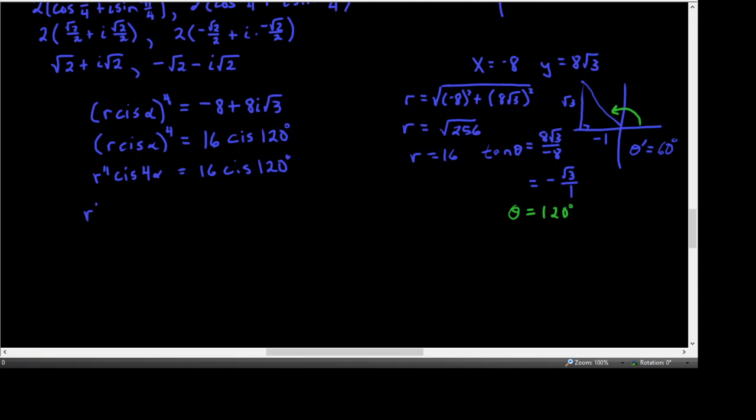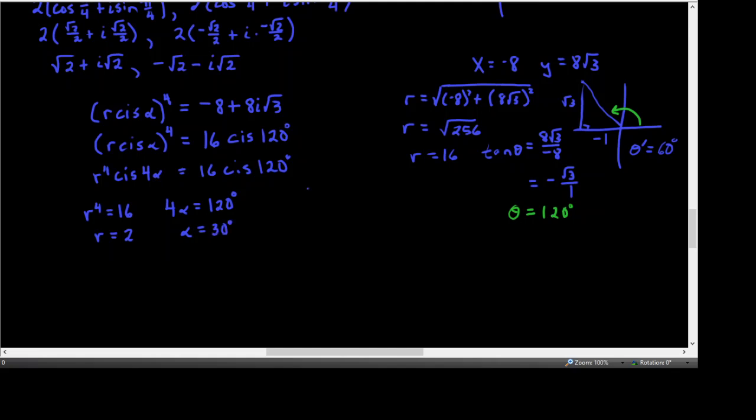So equating the like parts of that, r to the fourth equals 16. The principal root of 16, the fourth root of 16, is 2. So that's the one we'll use. And our 4 alpha would be equal to 120 degrees for our first answer. So alpha starts at 30 degrees.